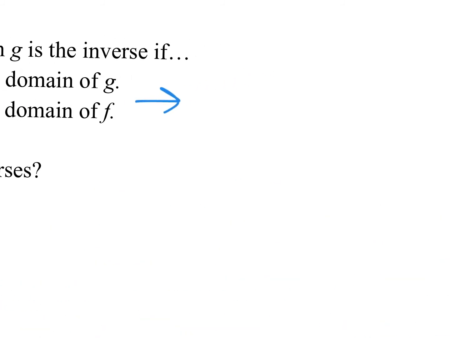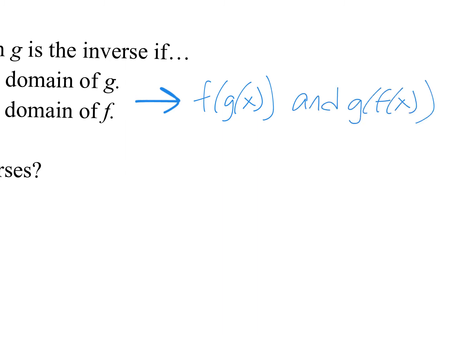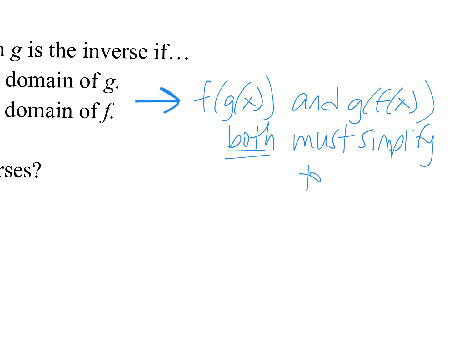This is the English version, the one that we'll understand a little bit better. If you do f of g of x and g of f of x, so you plug them into each other, and they both must simplify to x, then that means they are inverses.